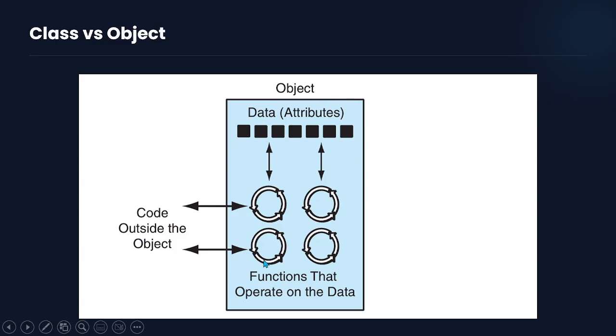So you usually want to have member functions that can help you get to your variables or attributes. All right, so code outside your class or object will not have direct access to your attributes or variables, but they can get to them using your methods or your functions.